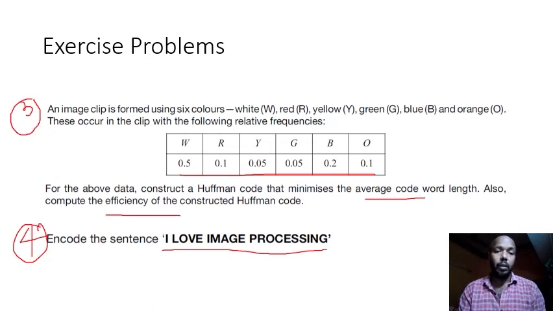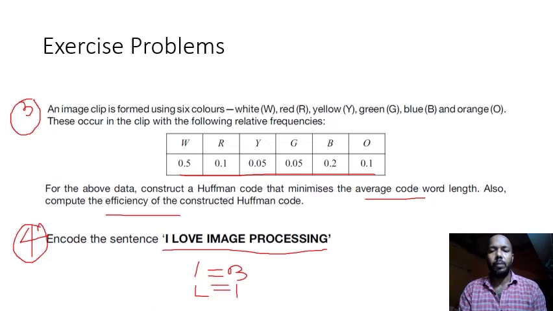So I, how many times? You have to construct that. I can say I is 3 times. L is only one time. O is 2 times. V is only one. E is 2 times. M is 1 time. A also 1 time.